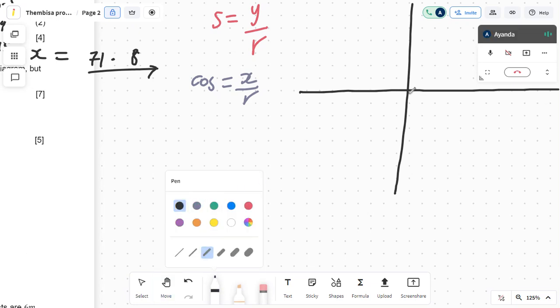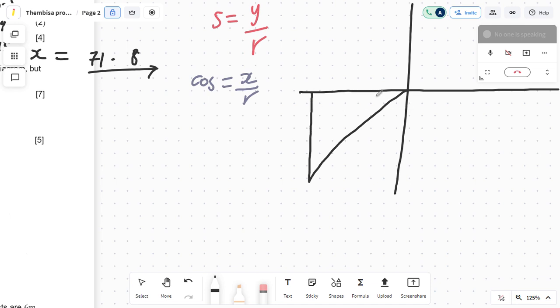If we draw our hypotenuse over here and we place our theta, our hypotenuse we've been given as 13, and our opposite side, which is y, we've been given as 5. But since it's in quadrant 3, it'll be a negative 5. So sine of theta is negative 5 over 13.